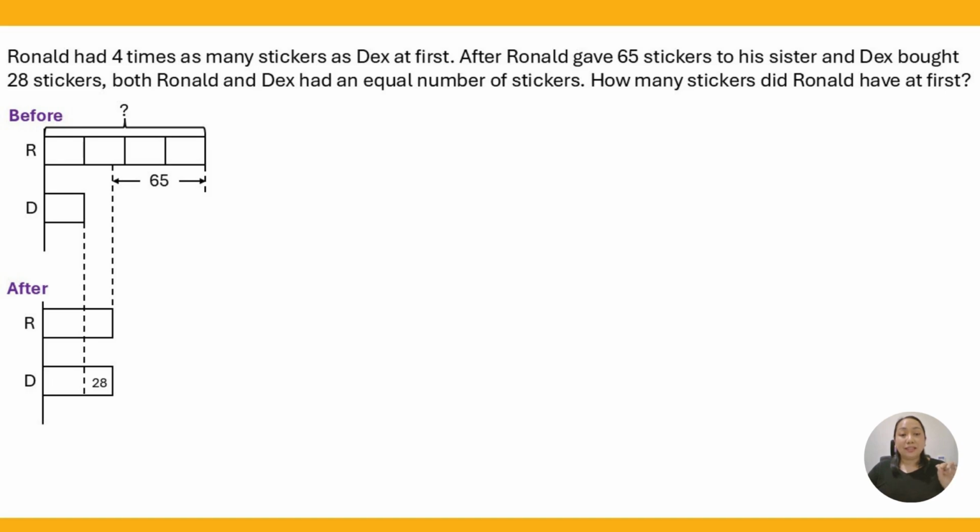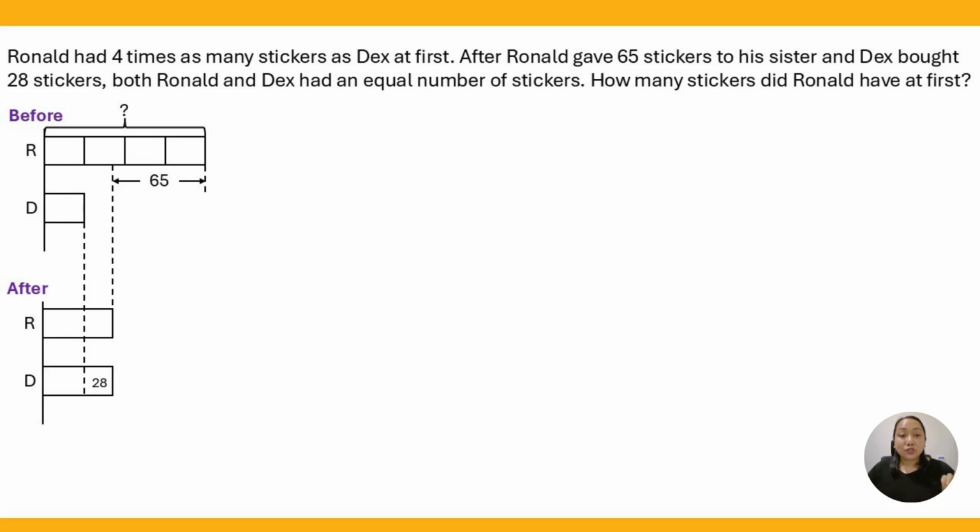Let us now look at the model of Dex before and after. Notice that we drew a longer bar for Dex's after model compared to his before bar. This is because Dex bought 28 stickers.